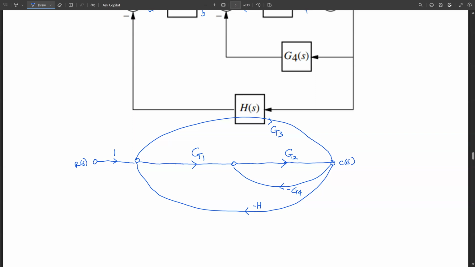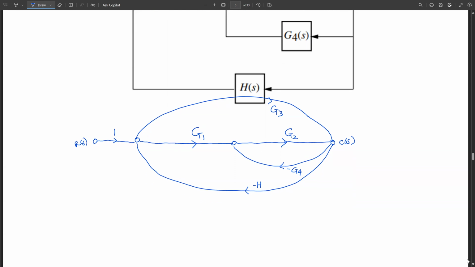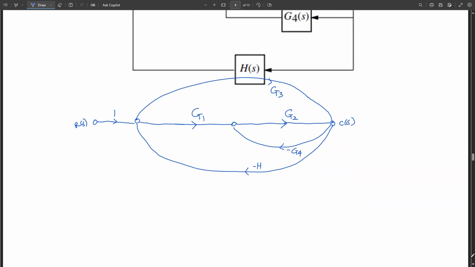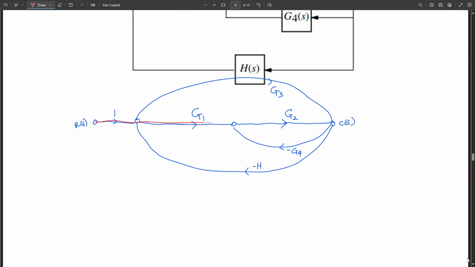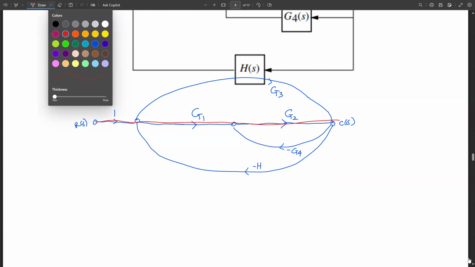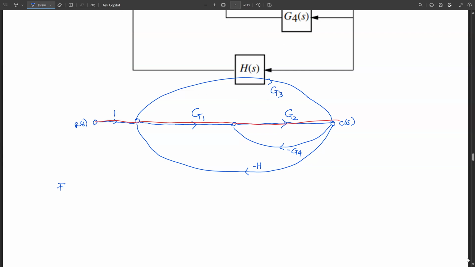Okay, so the first thing that we should do is identify our forward paths. Based on what we've seen so far, the first forward path that should be easy to identify is the one that runs straight from the input to the output, like the straight line exactly here.